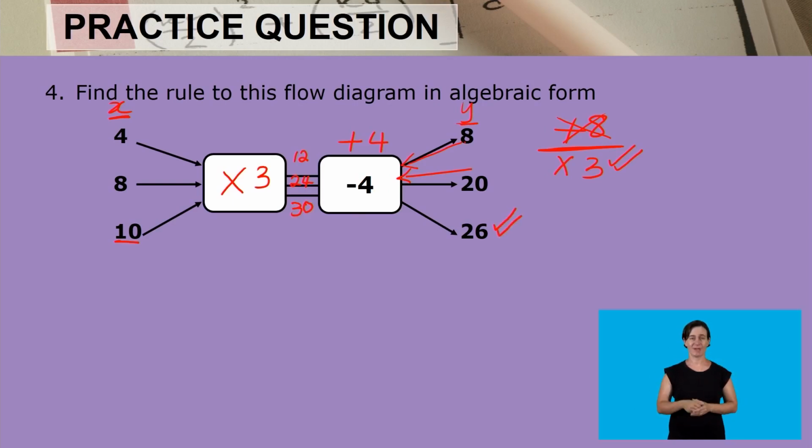So that means that the missing part of that rule was to multiply by 3. Now let's write that rule in algebraic form. That is going to be the output value we get from multiplying the input value by 3 and subtracting 4. So that means that our algebraic rule is going to be 3x minus 4.